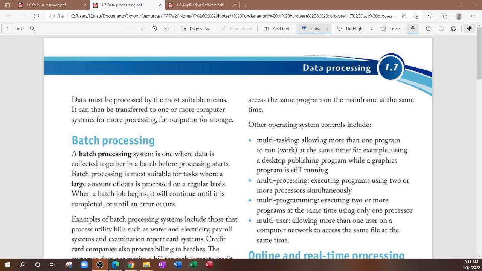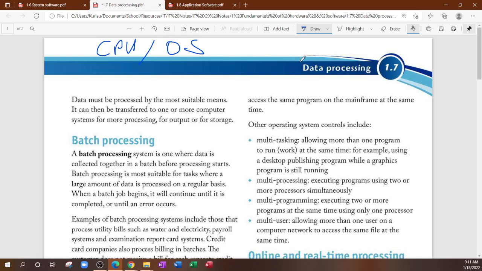The CPU is the hardware part of your computer that handles processing. And in addition to your CPU, your operating system also does some processing. Remember we talked about last week how your operating system is controlling all the hardware and software. So it's doing some sort of processing also.